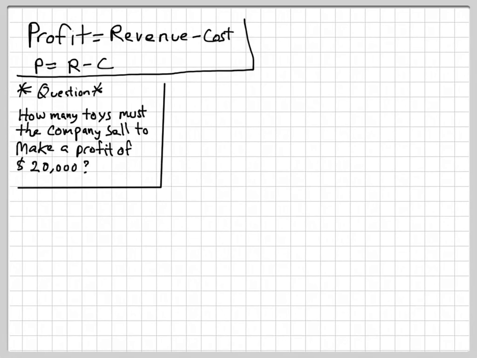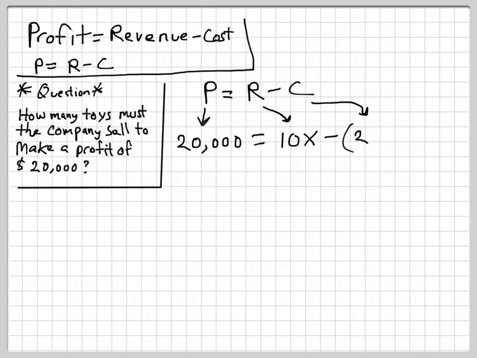For example, $20,000 worth of profit. And for that we have an equation. Profit is equal to revenue minus cost. That is, after you pay the cost, whatever's left is the profit. So P is equal to R minus C.